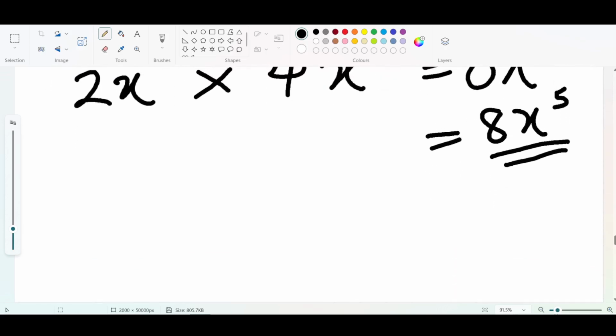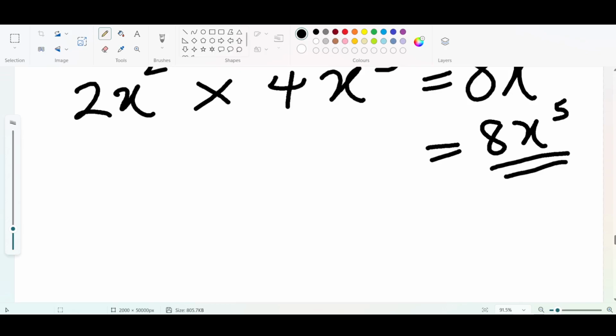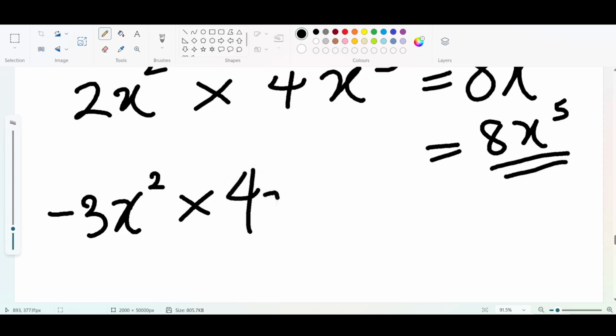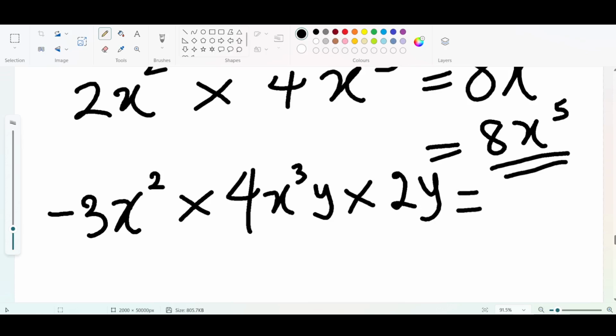What if we have something like this: minus 3x raised to power 2 times 4x raised to power 3 y, then times 2y. What's going to be the solution?